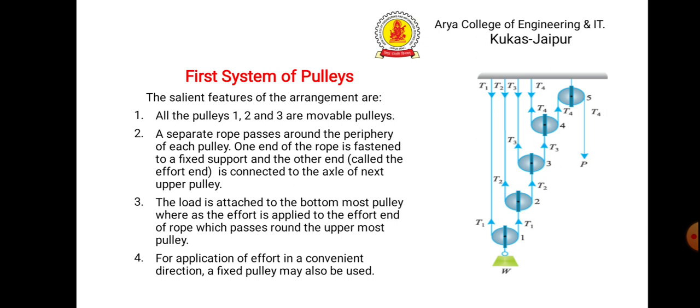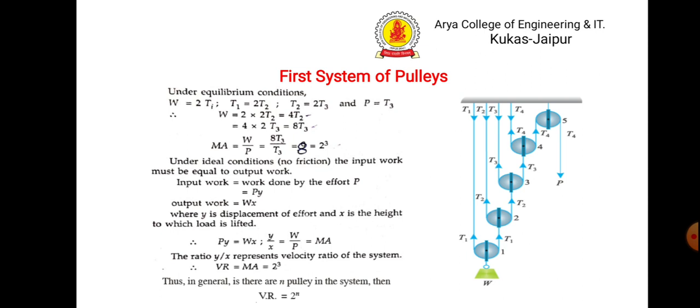So from the figure, under equilibrium condition, W will be equal to 2T1, T1 will be equal to 2T2, and T2 will be equal to 2T3. P equals T3. So W will be equal to 2 into 2T2, that is 4T2, which is equal to 4 into 2 into T3, that is 8T3.